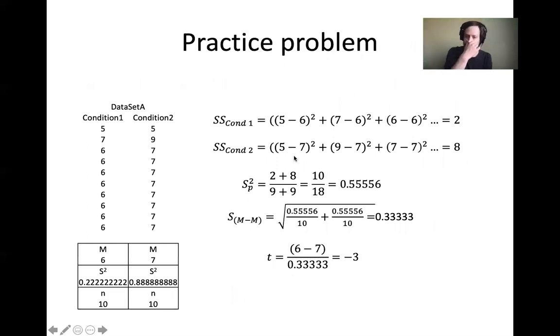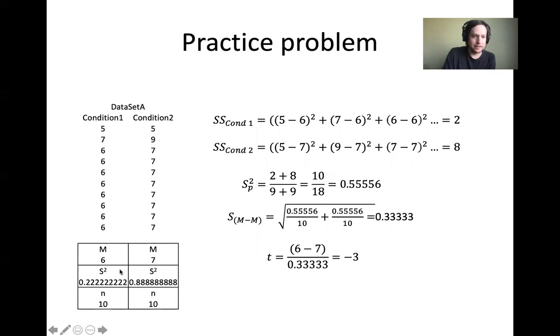So here is a practice problem, calculating T from scratch for a data set that I've made up completely. Every single possible thing we could calculate is calculated here. The mean of condition 1 is 6, the mean of condition 2 is 7.